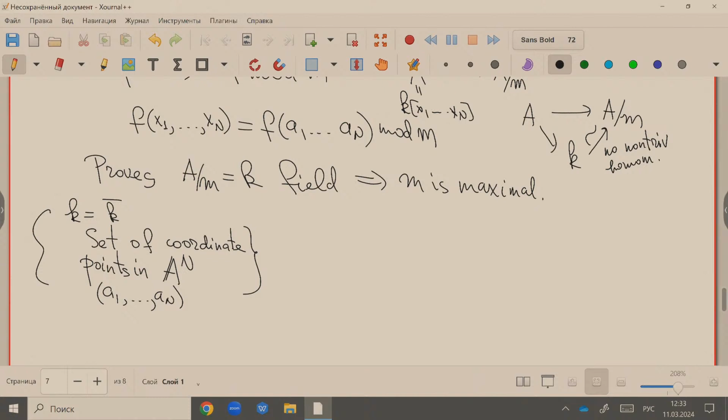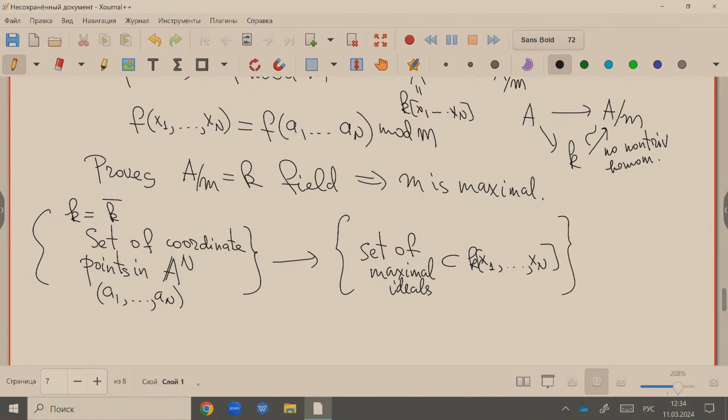You have a map to the set of maximal ideals in the polynomial ring. And this correspondence we did it, so M is just (x1 minus a1, ..., xn minus an).